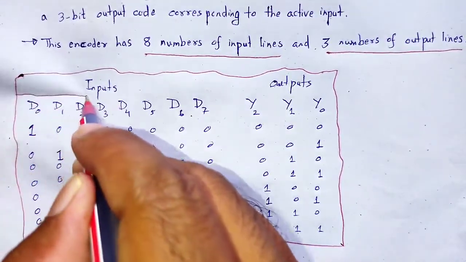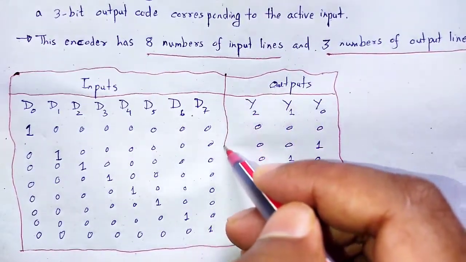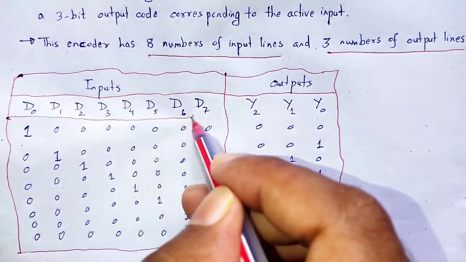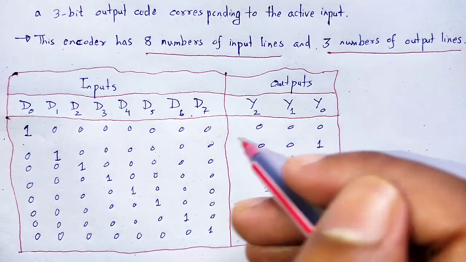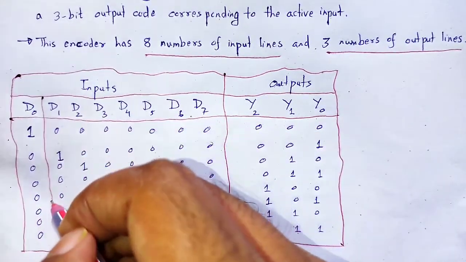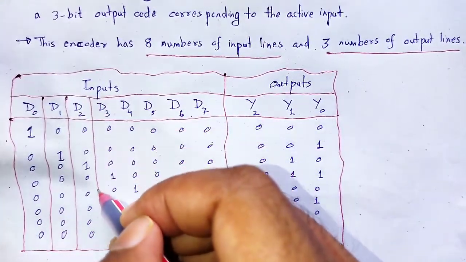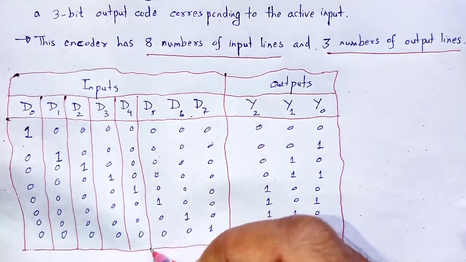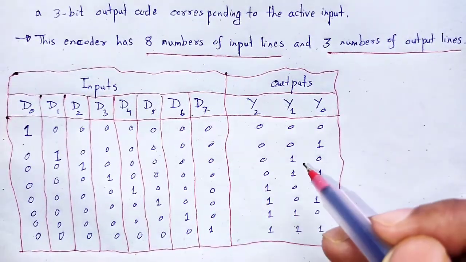The octal to binary encoder has 8 inputs and 3 outputs. The 8 inputs are D0, D1, D2, D3, D4, D5, D6 and D7.